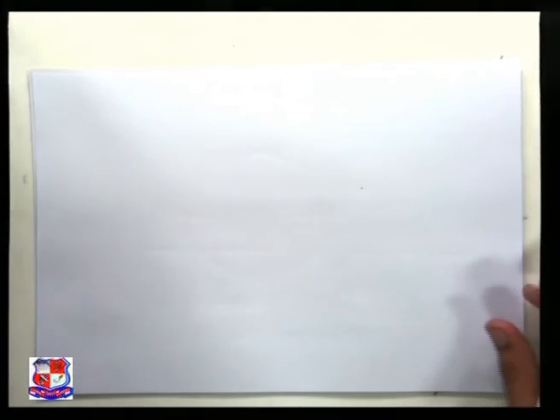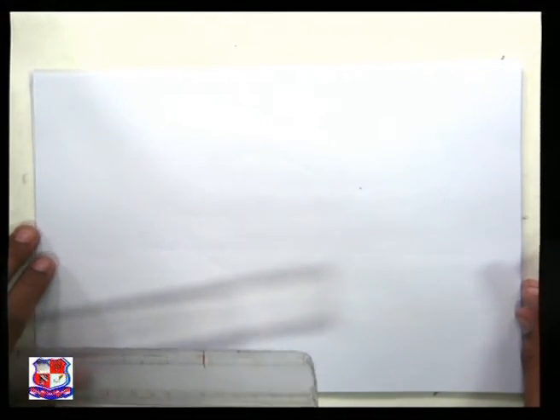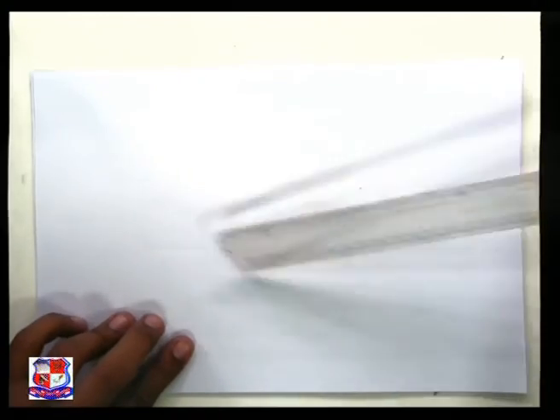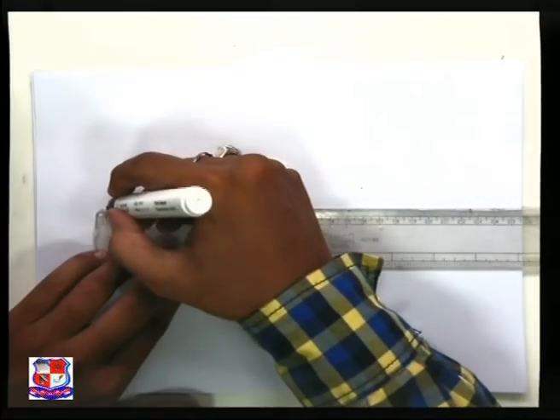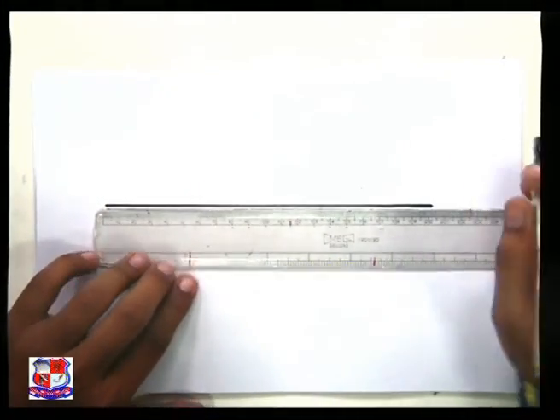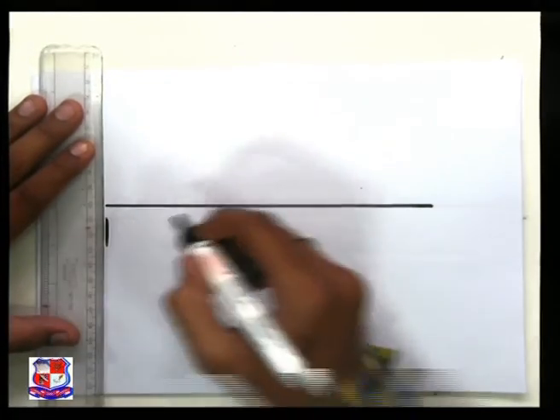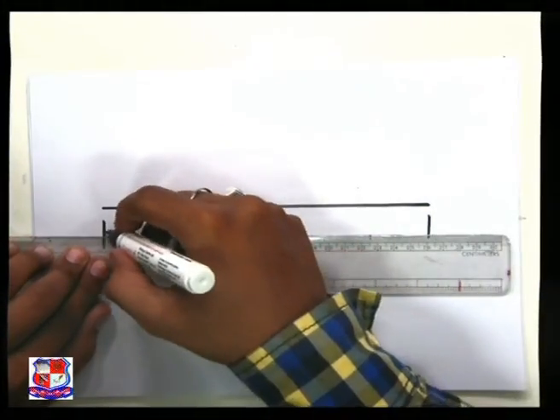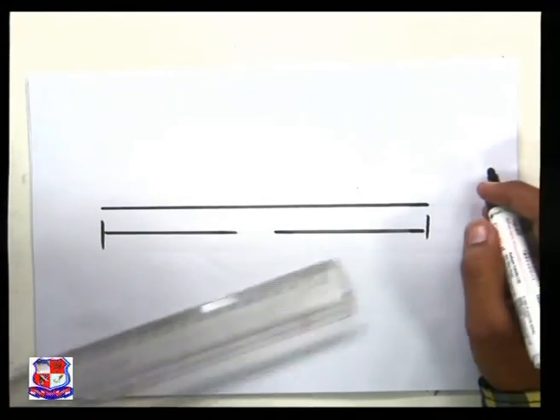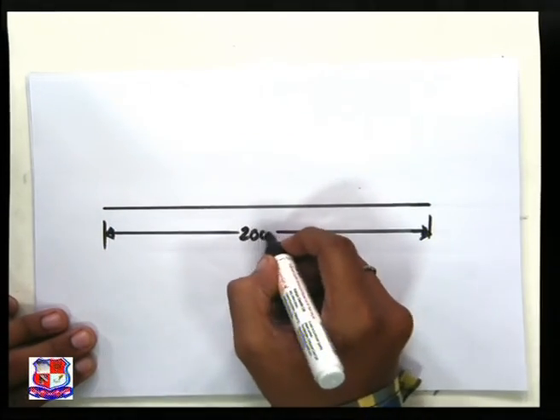Another type is the original scale. I have this A4 size paper and I need to draw a 200 mm line on it.